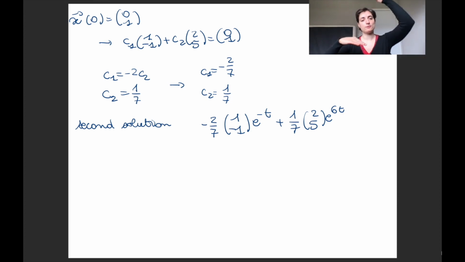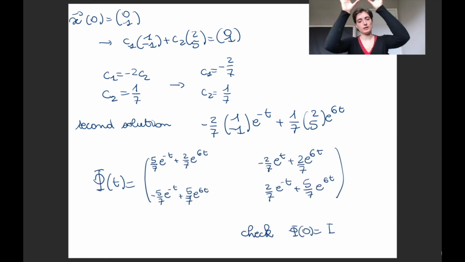If we put this first solution and second solution together, each of them is a two-element vector. We might have written it more expanded, but it is always a two-element vector. So we can put one after the other in a column in a matrix. So our special matrix that satisfies that the fundamental matrix computed at 0 is equal to the identity matrix is this matrix here.